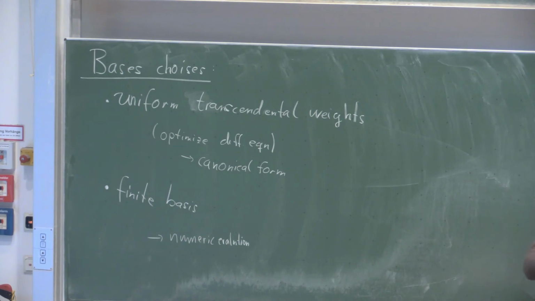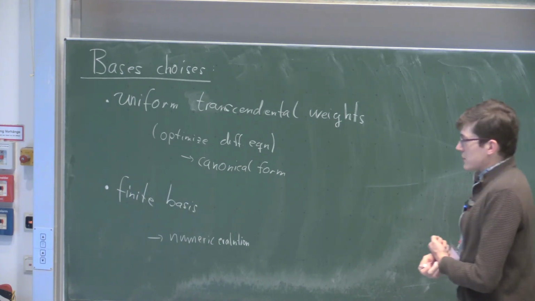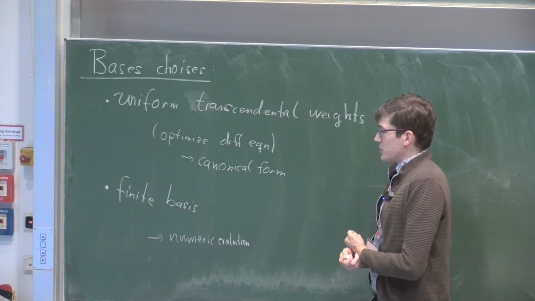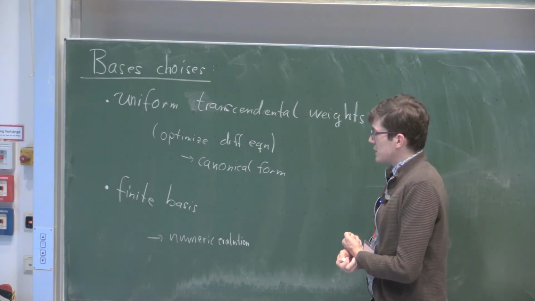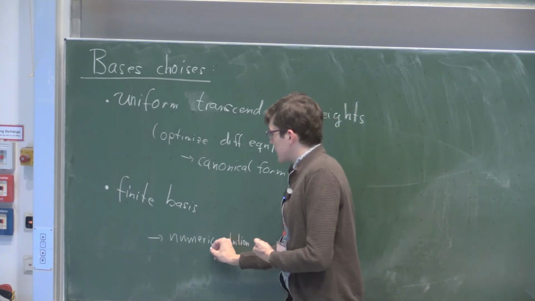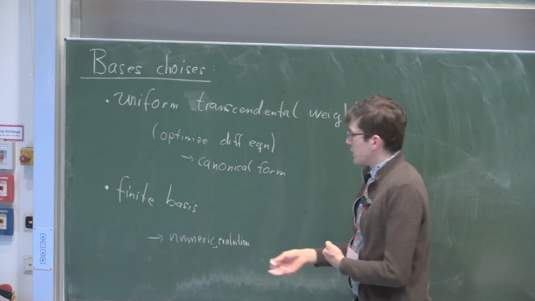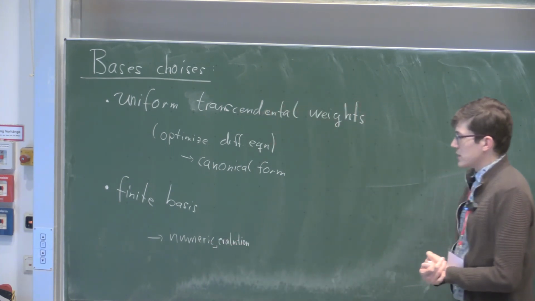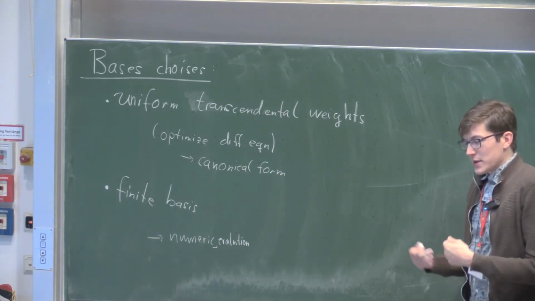You have a convergent integral, you can throw your Monte Carlo right at it. And if you use sector decomposition programs which are around on the market, it seems to be the case that they're much more efficient and give you more accuracy when you choose a finite basis to express your answer.